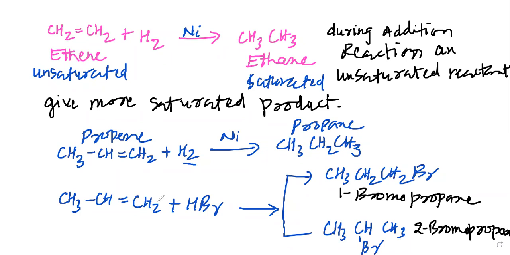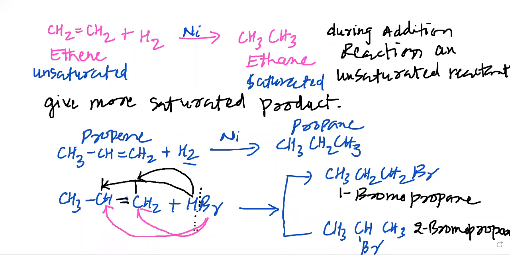Here you can see that these two carbons bonded with the double bond may get different atoms attached to them. Hydrogen may be attached to this carbon, or hydrogen may be attached to that carbon. In the same way, bromine may get attached to this one, and bromine may also attach to that one, and we get various products.